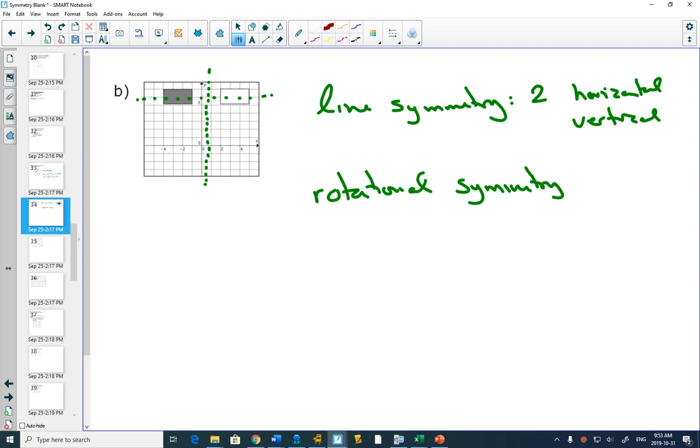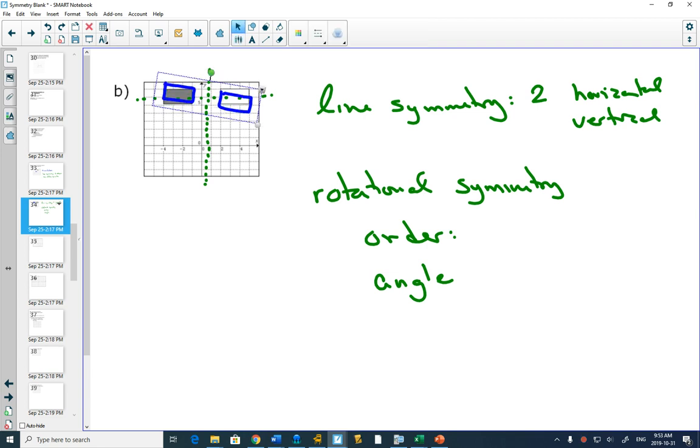Remember, with rotational symmetry, we had an order and an angle. To find the order, you can trace your original objects. And if you rotate them and they match up, bing!